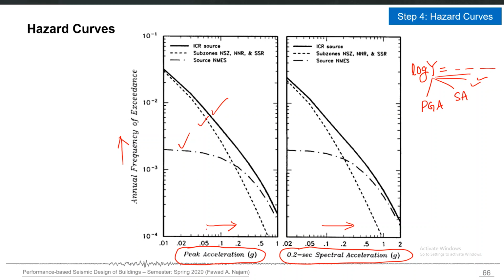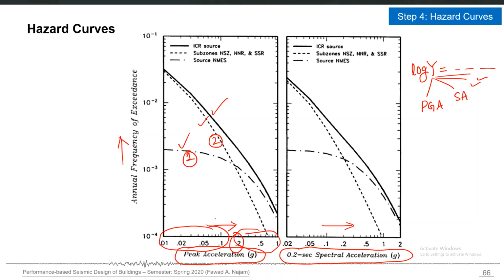So for example, if this is source 1 and this is source 2, source 1 is not contributing much at lower PGA values, but after the PGA has increased beyond 0.2 G, for example, source 1 exceeds source 2, which means that this particular source has a tendency to produce high magnitude earthquakes which are capable of producing large PGA values at your site compared to source 2.